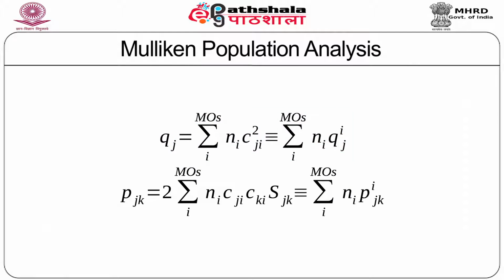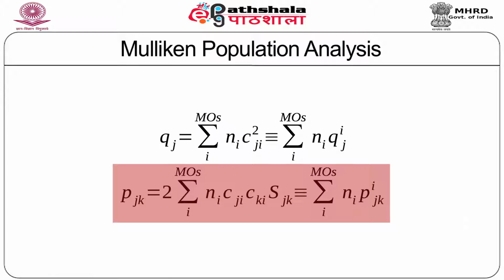So q_j equals the sum over i, going over all the molecular orbitals, of N_i c_ji squared, which is identical to the sum over N_i q_ji, and p_jk equals 2 times the sum over all the molecular orbitals of N_i c_ji c_ki S_jk, which is identical to the sum over N_i p_jki.